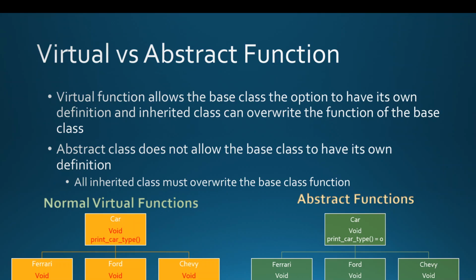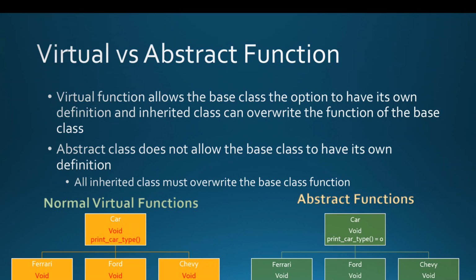So it's more like the base class has print car type, and it prints out I am a car. But once you declare a class variable car and set it to new Ferrari, it's gonna still print out I am a car unless you declare a void print car type and you override it.